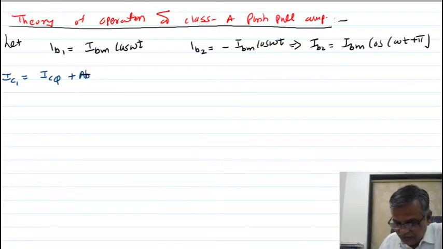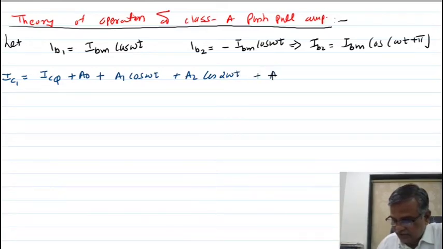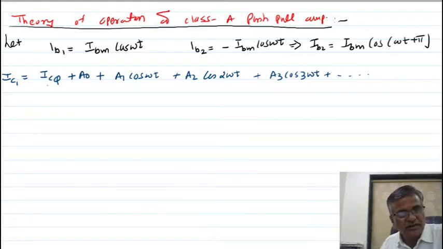ICQ, A0 plus A1 cos omega t plus A2 cos 2 omega t plus A3 cos 3 omega t plus A4 cos 4 omega t. Here there is a current flowing at quiescent condition in transistor first.